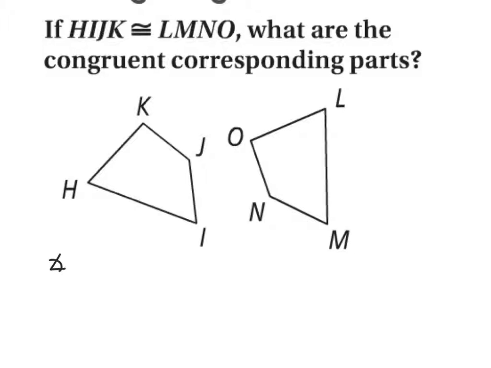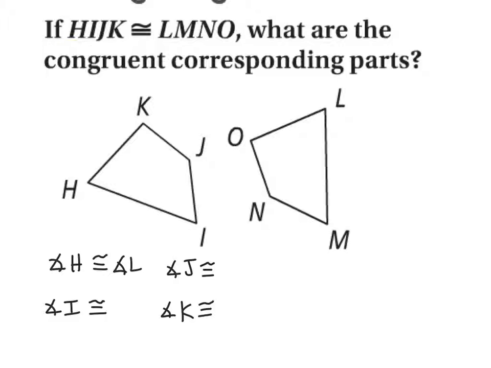On the first polygon I have angle H, angle I, angle J, and angle K. Now, looking at the roadmap, angle H is congruent to which other angle? Angle L.